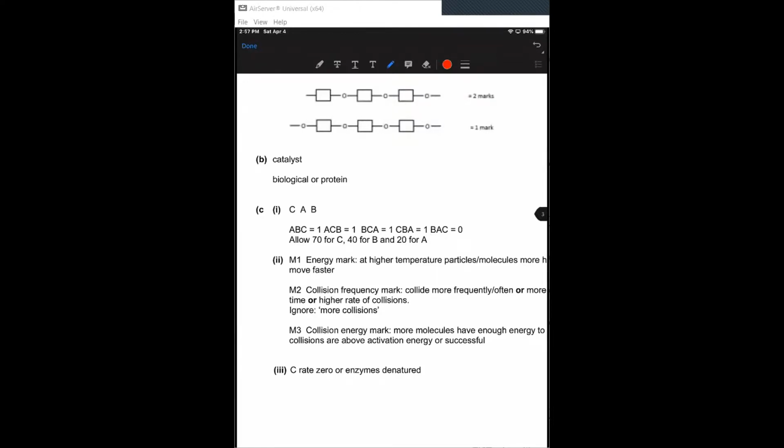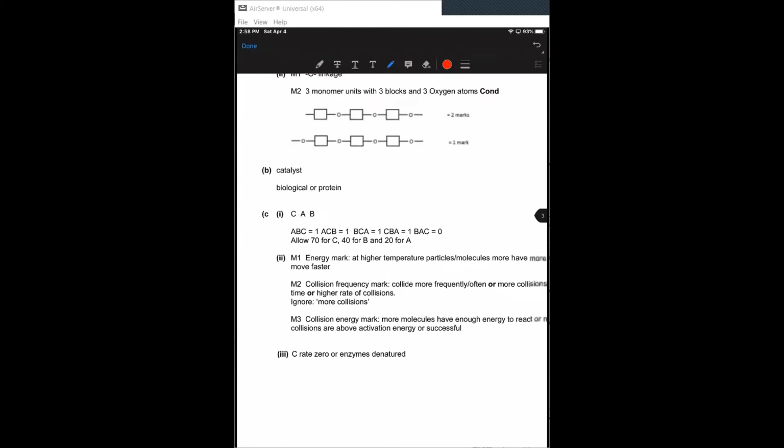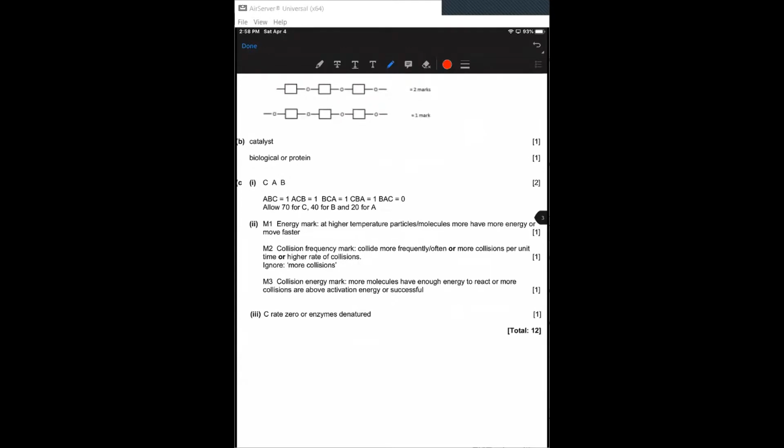So the fastest is C and the slowest is B. This rate of reaction will be the next topic that we will be highlighting.